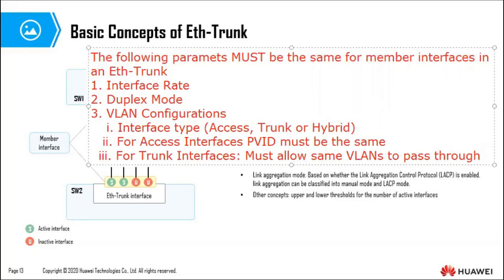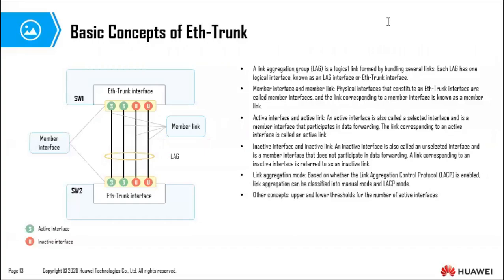So if on one trunk interface you've enabled VLAN 10 and 20 to pass through, then you have to enable that on all the other interfaces that you're going to add on the same trunk. So I hope that is clear.